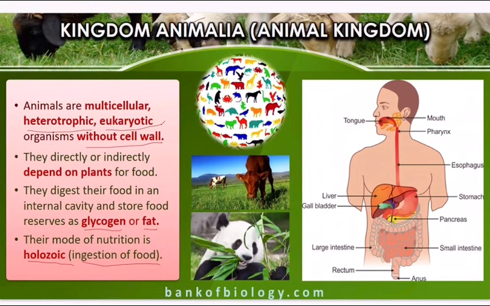Their mode of nutrition is holozoic, means ingestion of food. The animals take the food at a stretch into the system, and the food undergoes different phases like ingestion, digestion, absorption, assimilation, and egestion.